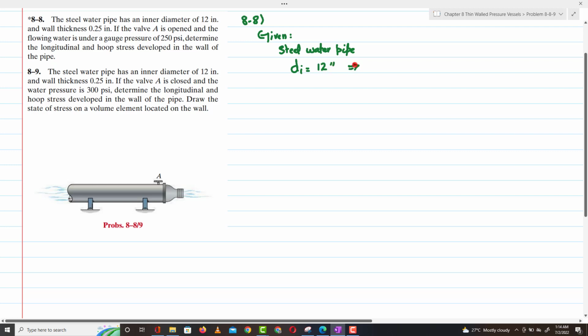That implies inner radius RI will be equal to 6 inch, and wall thickness T is given as 0.25 inch, and water flowing is under gauge pressure of 250 psi. So pressure is equal to 250 psi. What we have to find is the longitudinal and hoop stress. So to find sigma hoop, which is equal to sigma 1, and sigma longitudinal, which is equal to sigma 2.